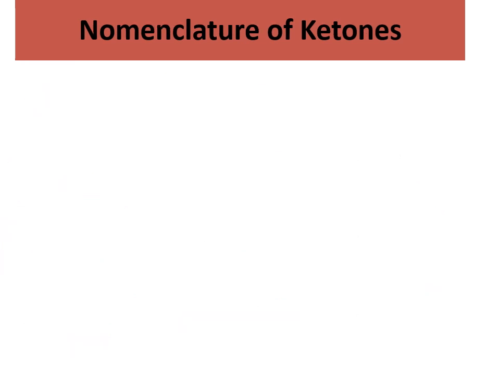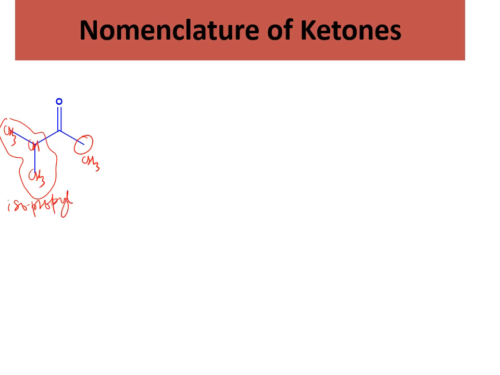Okay, a few more examples we can have. Here we have certain structures where you can analyze the branches present. One carbon branch is there, so you know that this is a methyl group. If I analyze this structure, this will be CH3, this will be CH, and this will be CH3. So this fragment or group is nothing but isopropyl, and this group is methyl.